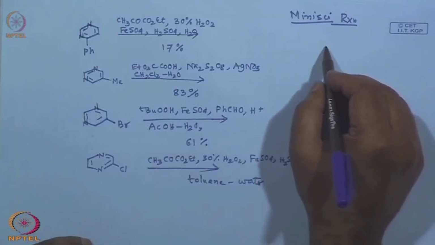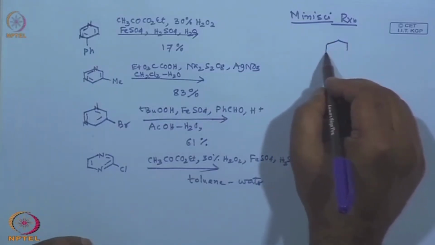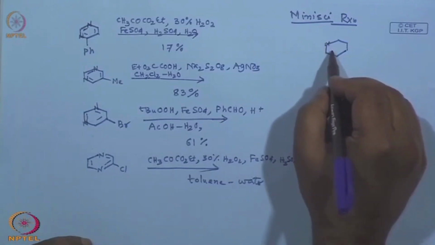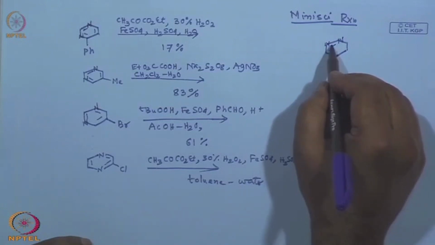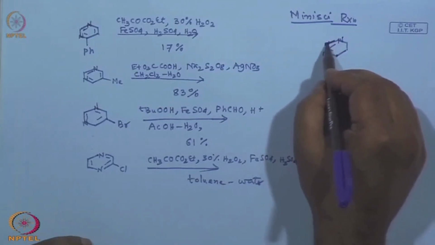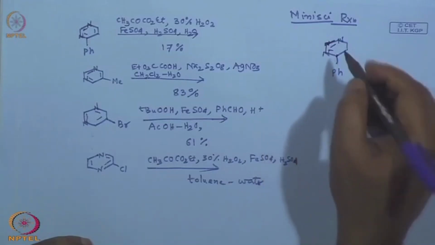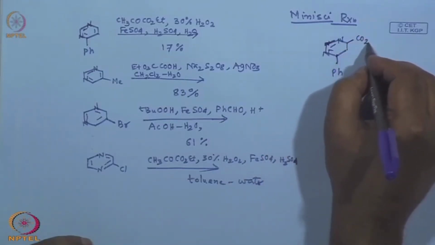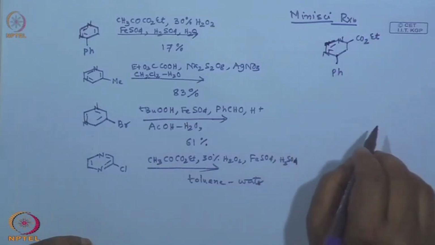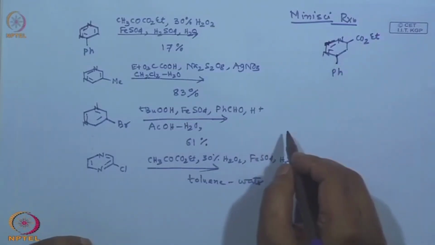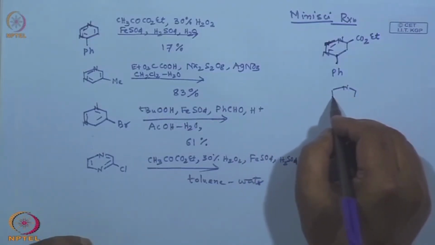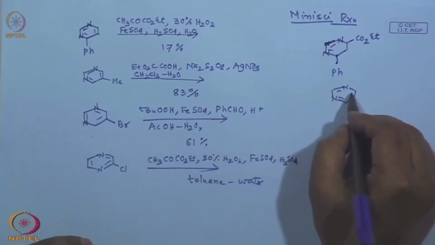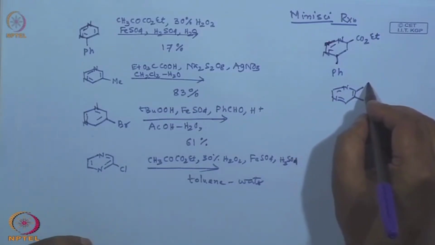And what are the products that you have to find out? In the first case, the skeleton remains as it is, with the 1,3 nitrogens and phenyl, and you are introducing an ester group directly. The same thing in the next example also involves introduction of a direct ester group.